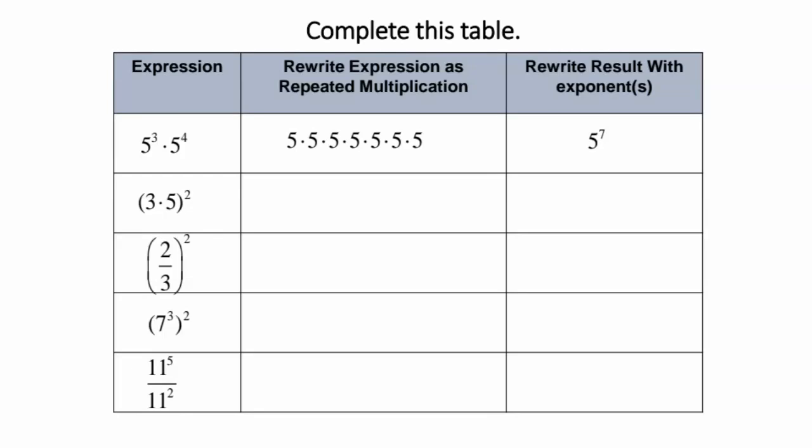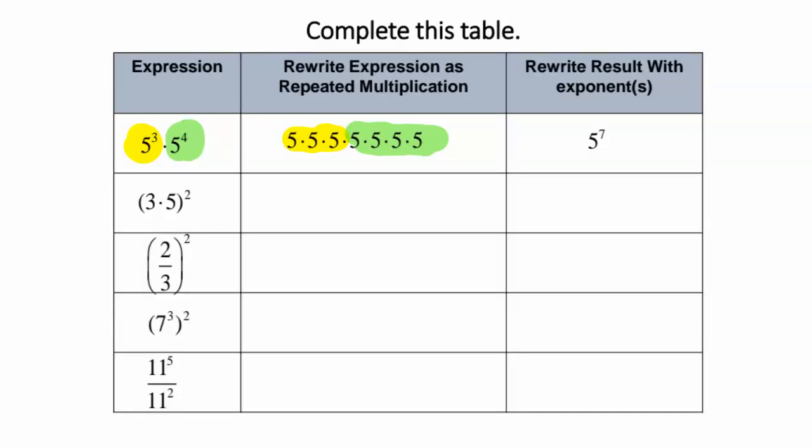Now, let's take a look at the first row. Notice this is 5 to the power of 3 times 5 to the power of 4. Based upon repeated multiplication, these 3 are the first ones, and the second 5 is the last 4 in our repeated multiplication.